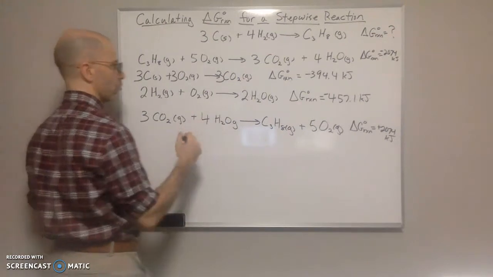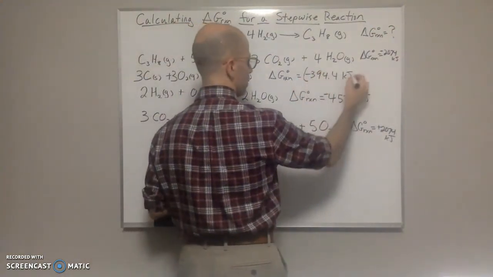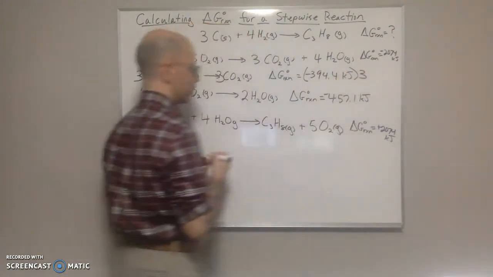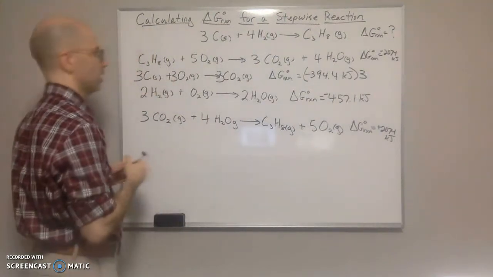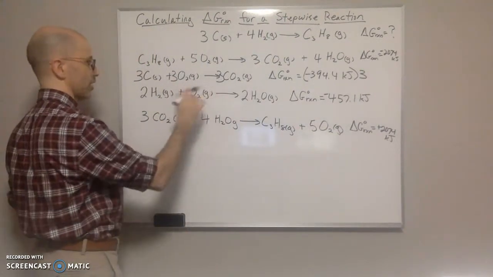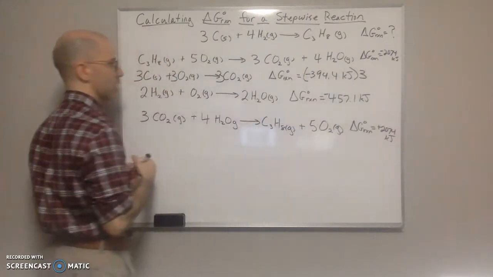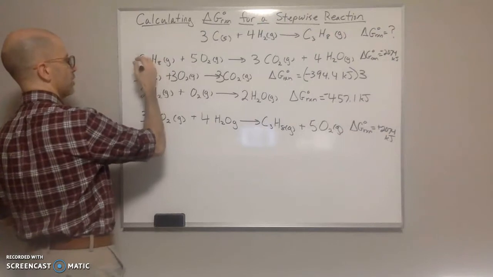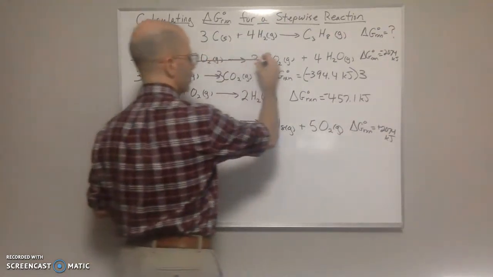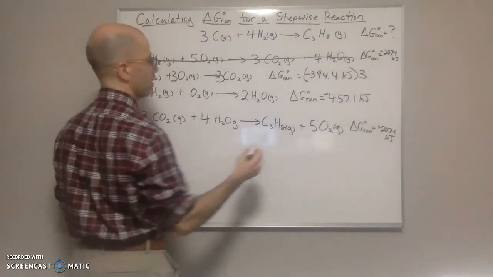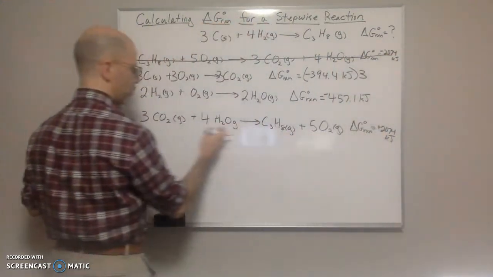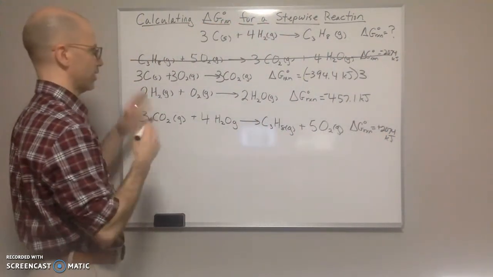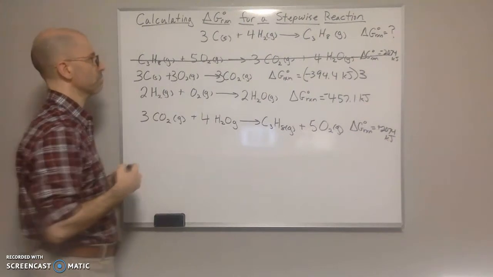And so we'll have to multiply this by 3 as well to get the new equation and the new delta G, the standard free energy change of the reaction. I'm going to cross this out since we don't need it anymore, and because we got the new equation down here, so that way we don't get confused.